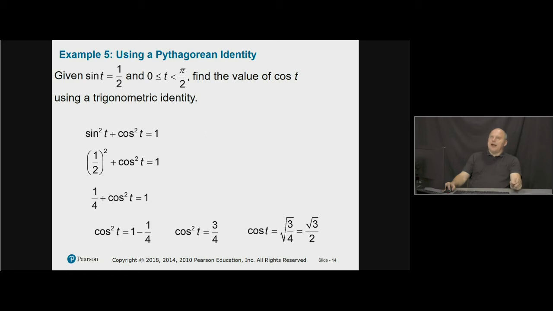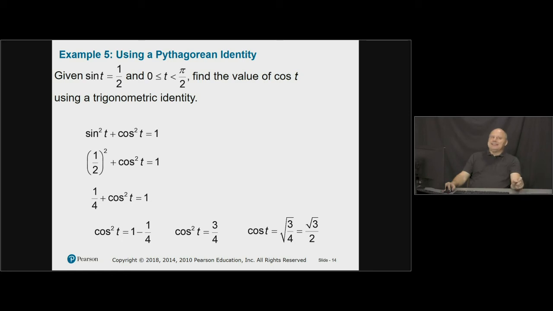Where are you at? Where is the angle located? The angle is located between 0 to pi over 2, which is the first quadrant. So being in the first quadrant, cosine of t will be positive because the x-coordinate in the first quadrant is positive. So that's why that very first part is there.